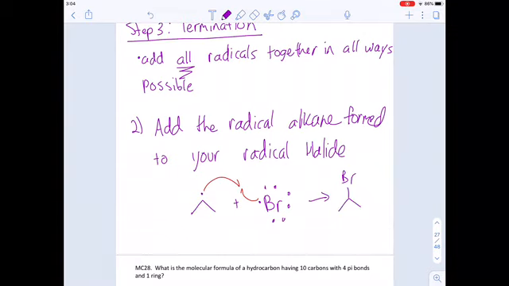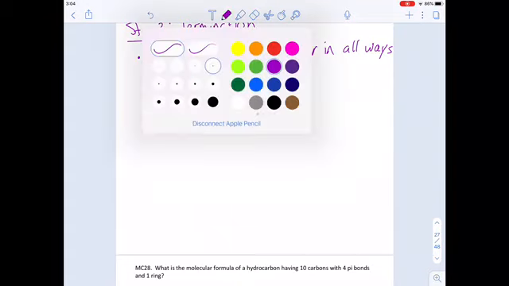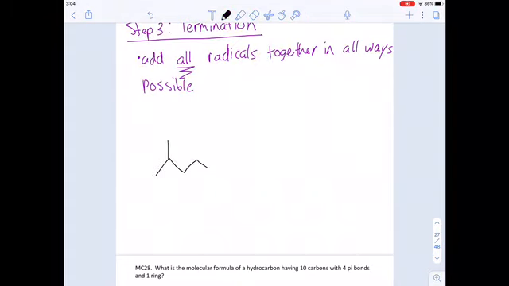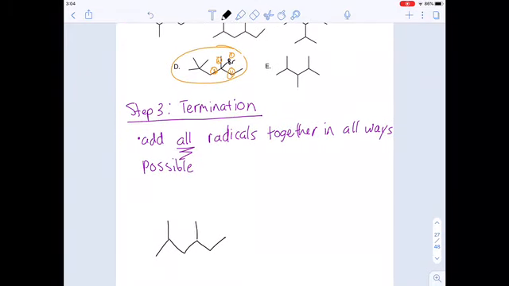They would add like so, and you would get that. For ours, it would be exactly what we did. You just add the Br to the radical. For ours, I definitely missed a carbon.